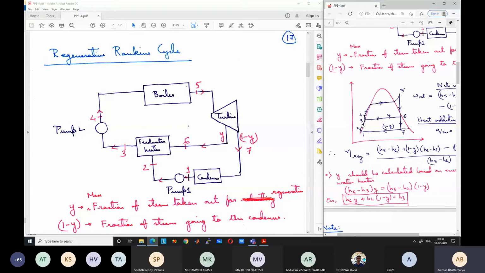From this energy balance, what do you think? What is the energy lost by the steam at 6, H6 minus H3? This was steam at a certain condition. Now it has become liquid water. So the energy being lost is equal to the latent heat.